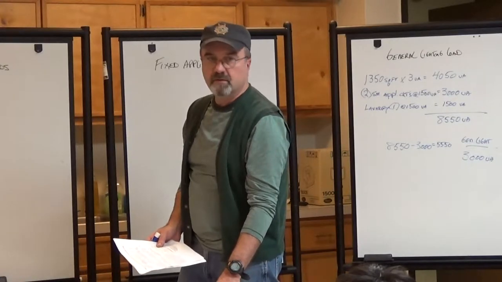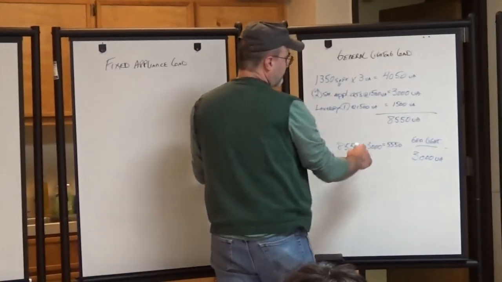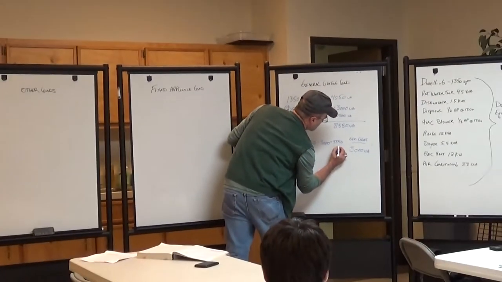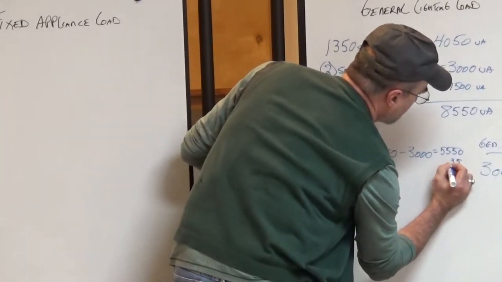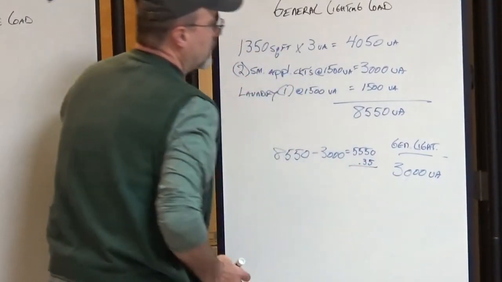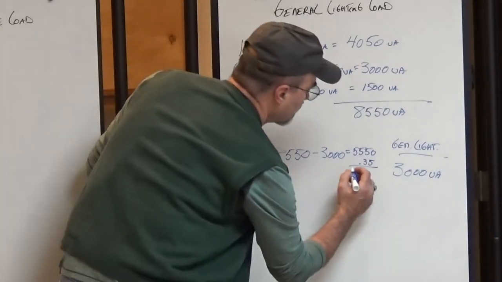You see that in the table? Okay. So we take that 5,550, we multiply it by 35%, 0.35. What is that? 1,943.